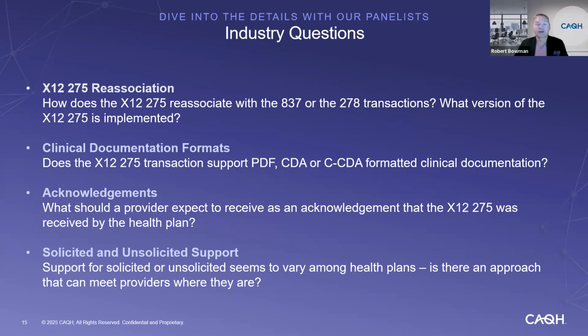Yep, and I will add that the CORE participants, we drafted our operating rules with the version 6020 in mind. So again, it could be applicable to any of the versions basically, because the rules are specific around the PWK, which is kind of universal within the transactions, the reference data, which is universal across the versions of the transactions, to make it a little easier. So if you're on 5010 or if you're in a more contemporary version of the 275, the rules will still be applicable.